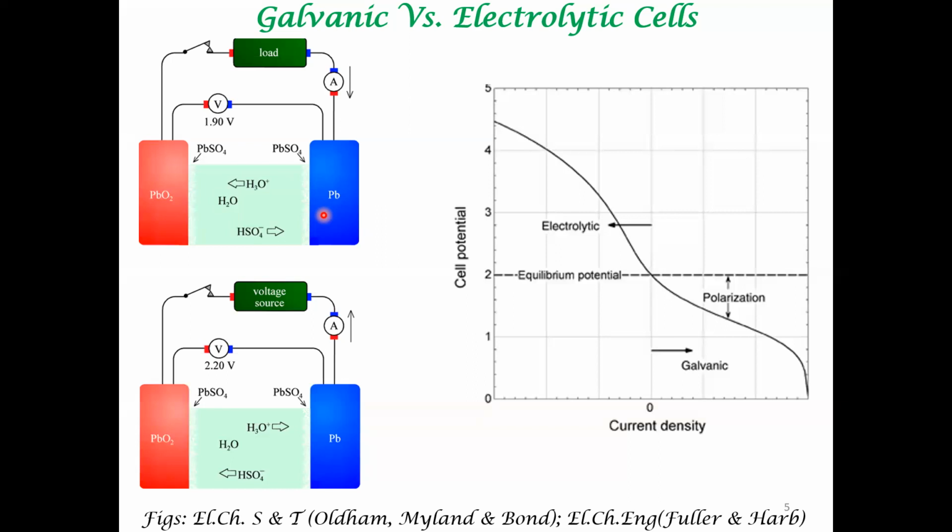So when you charge a battery, you're operating the electrochemical cell as an electrolytic cell. Here the voltage that is being imposed is more than the equilibrium potential. As you can see, you're imposing about 2.2 volts, and such voltage imposition reverses all the electrochemical processes.